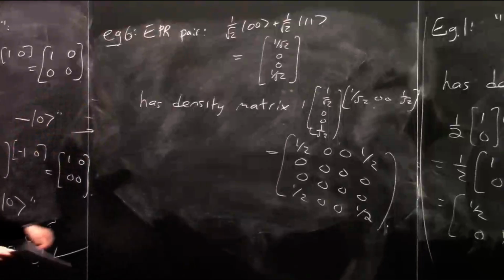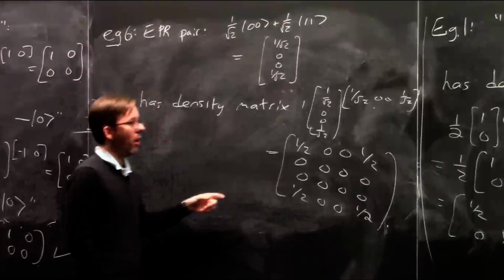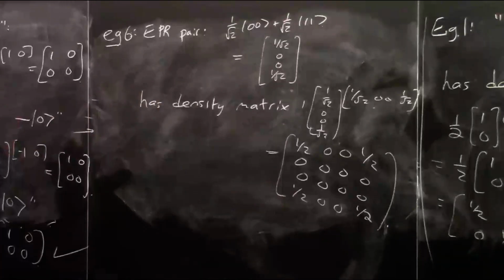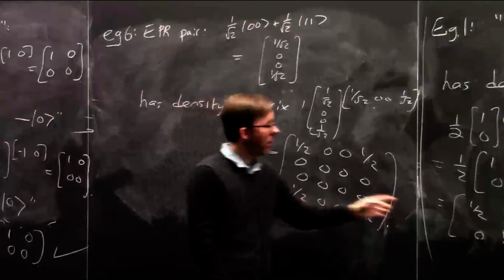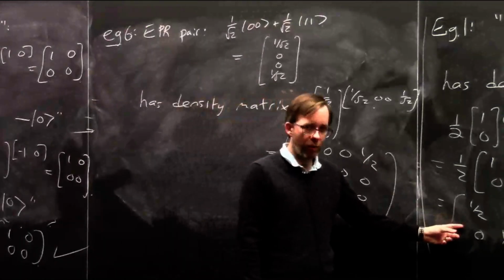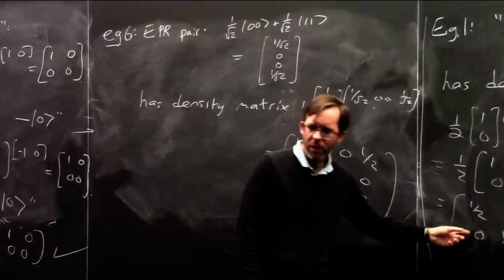So this is the joint state of these two particles. And there are some rules that we'll eventually get to, things called partial trace, that tell you if this is the joint state, how you can produce that this is the state of Alice's qubit, and it's also the state of Bob's qubit.